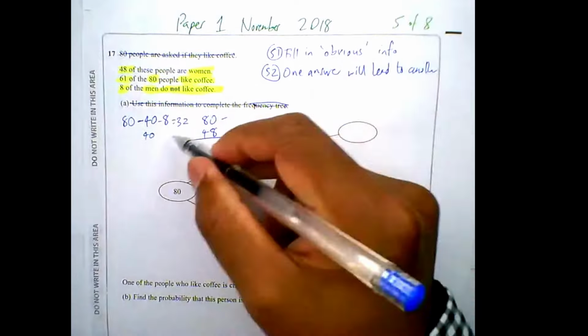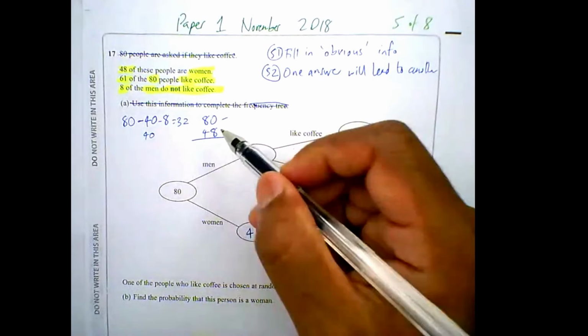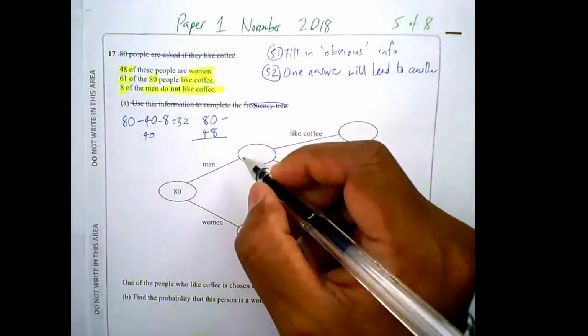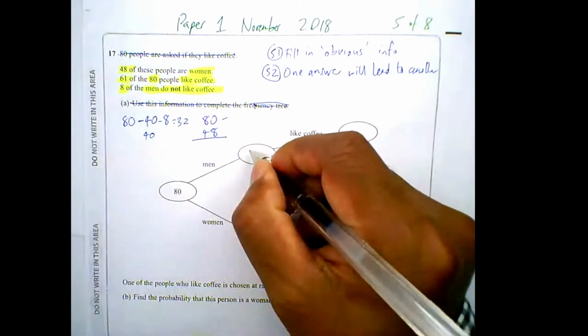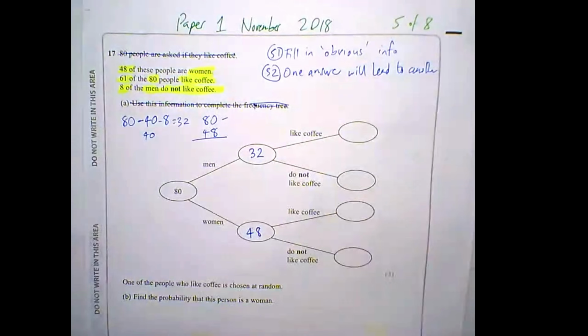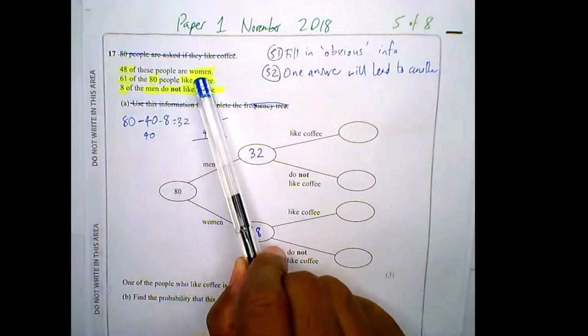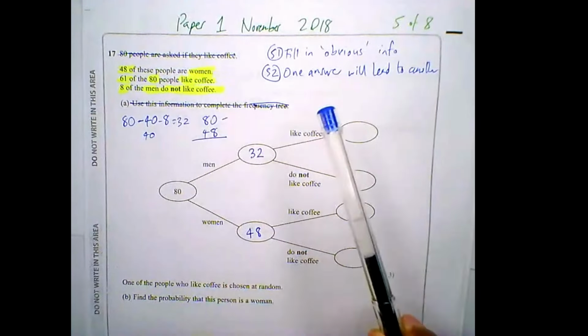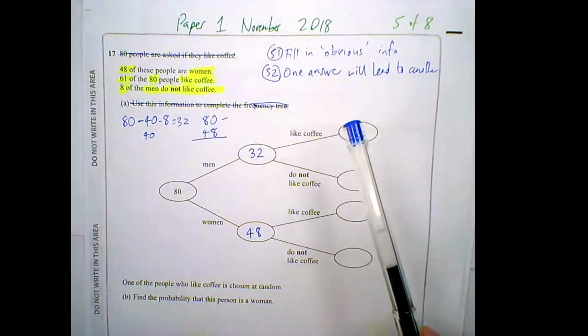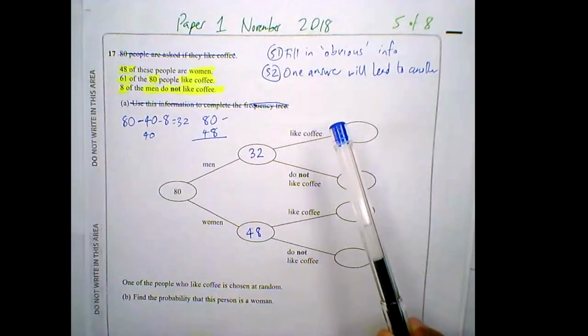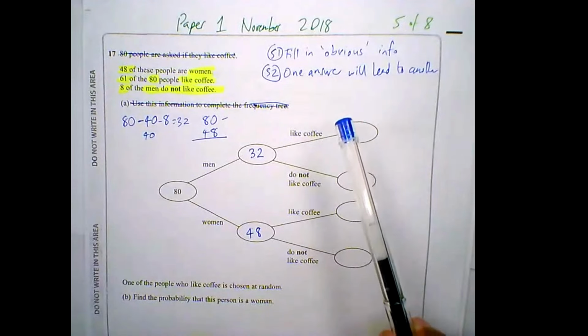So sometimes you could just do that in your head rather than doing the column method. So this is now 32. Just showing you different strategies of working out. Now, the next step, 61 of the 80 people like coffee.